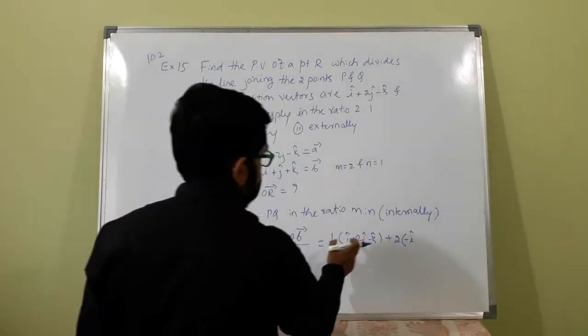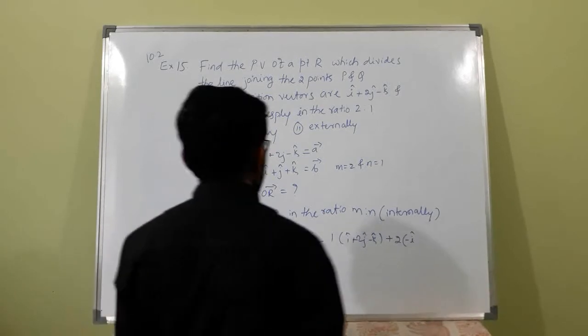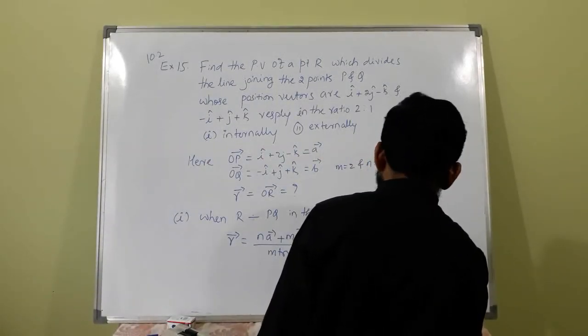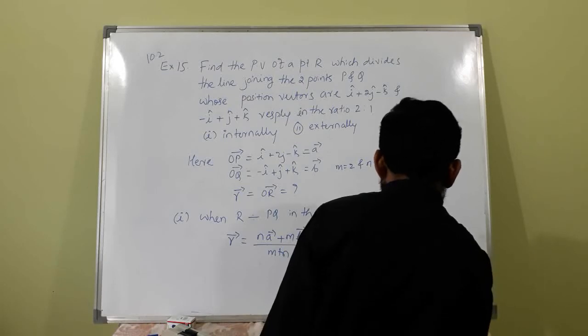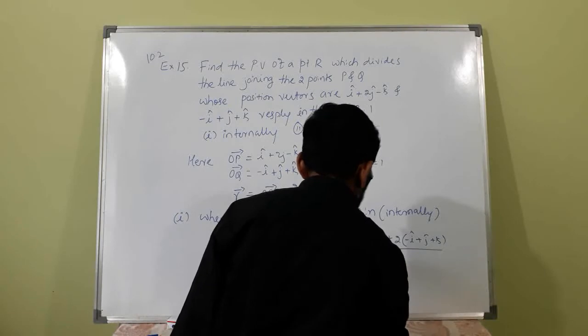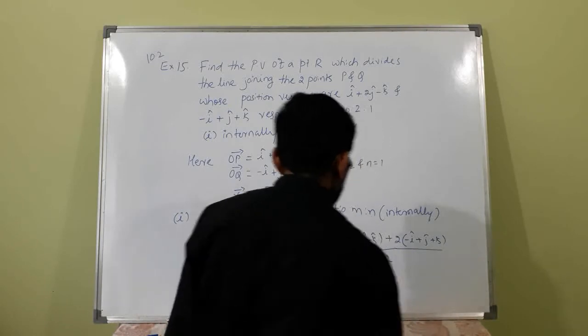You can write it like this also: (1, 2, -1) plus 2 times (-1, 1, 1), whole divided by 1 plus 2.